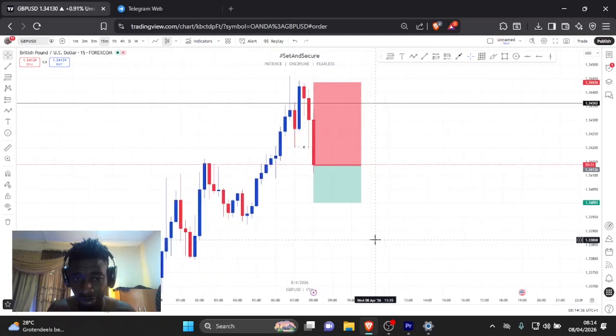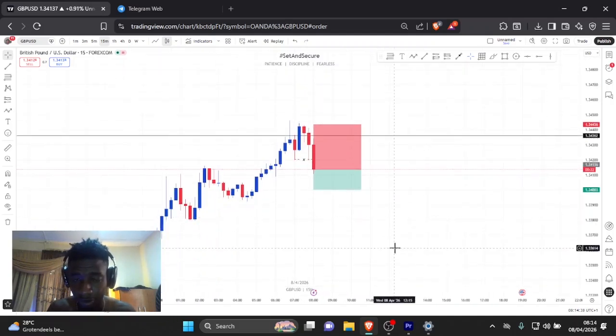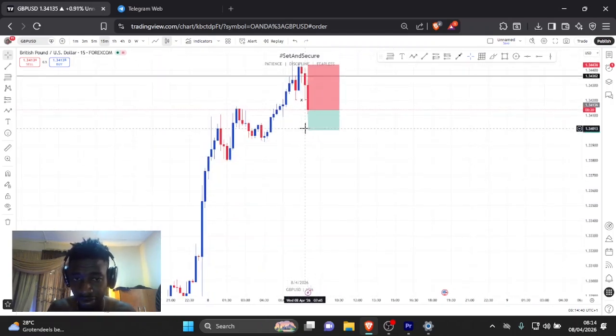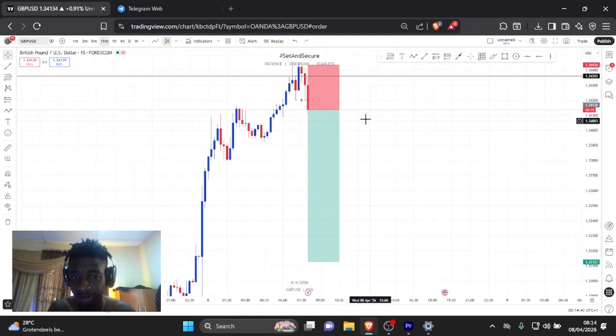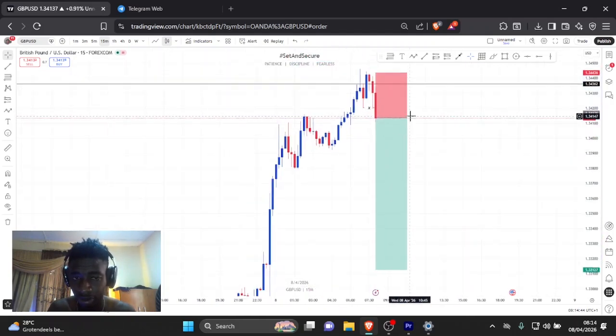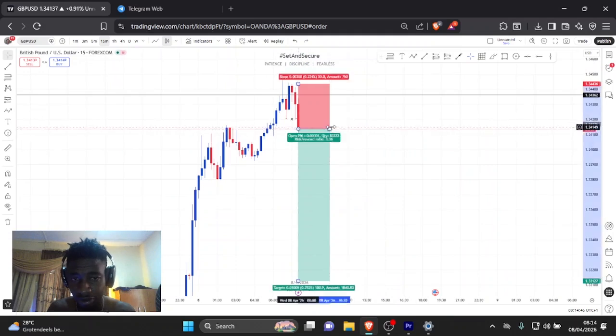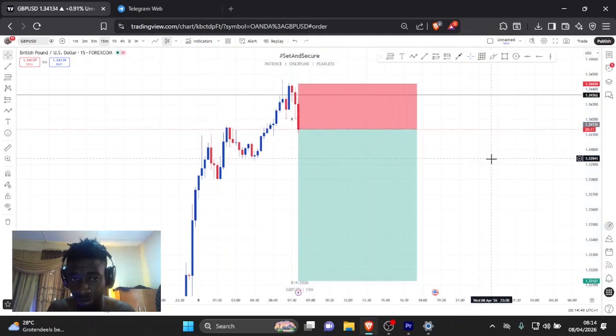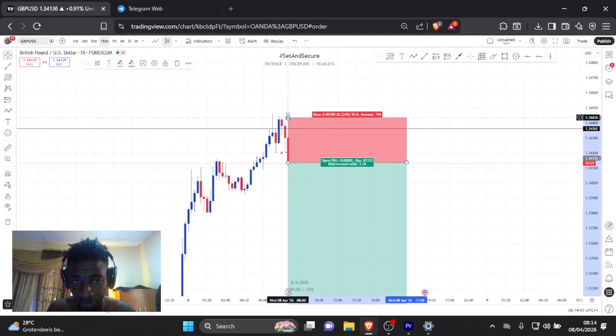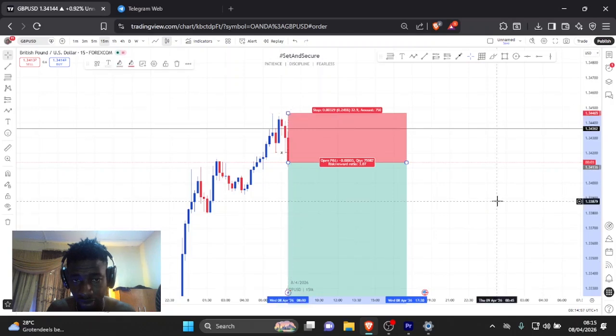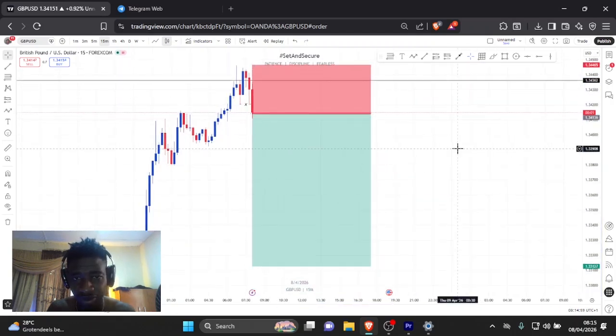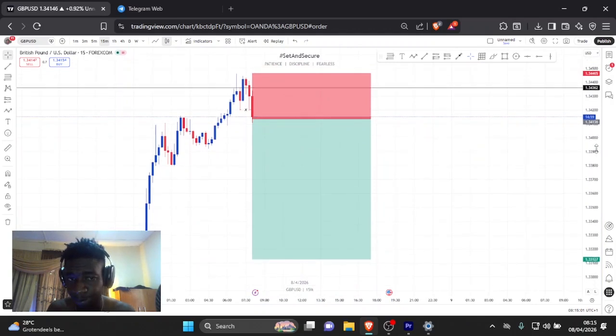I'm going to be entering this trade now, but I'm going to be entering bit by bit. It's going to be an aggressive entry. I'm just going to secure a spot right now. Man, this wick is a big wick.